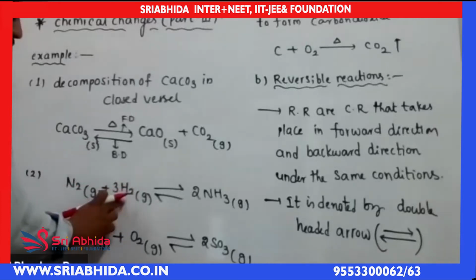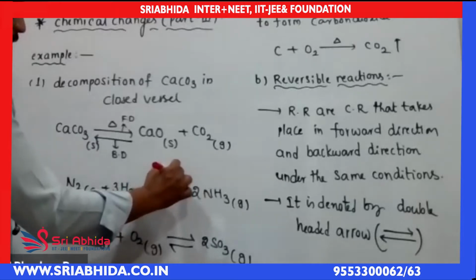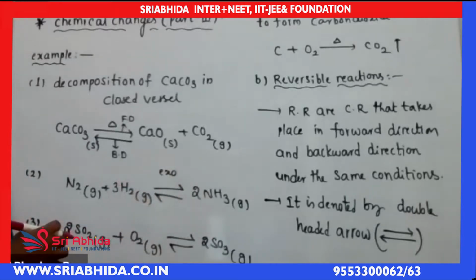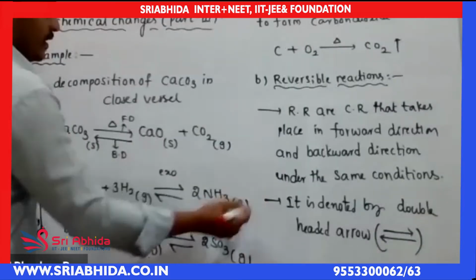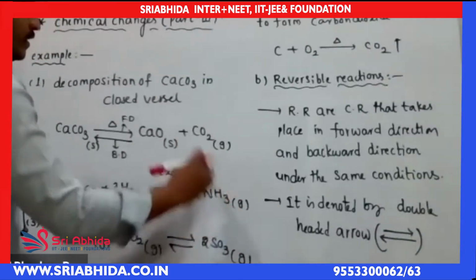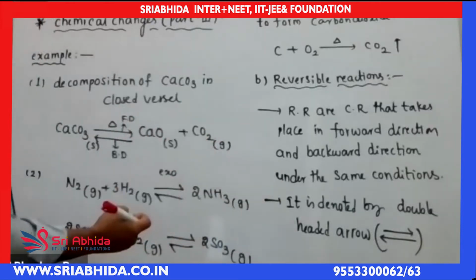In this case, when nitrogen and hydrogen react in the forward direction, it is an exothermic reaction. The forward direction releases heat, some amount of energy. After the formation of ammonia in the closed vessel, this one again absorbs that much of energy.